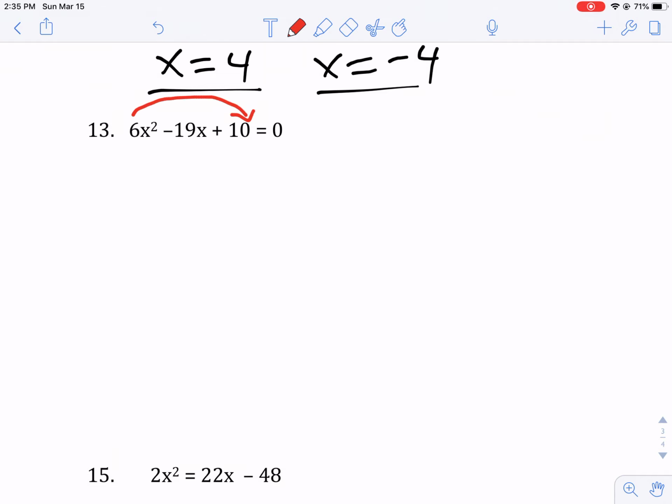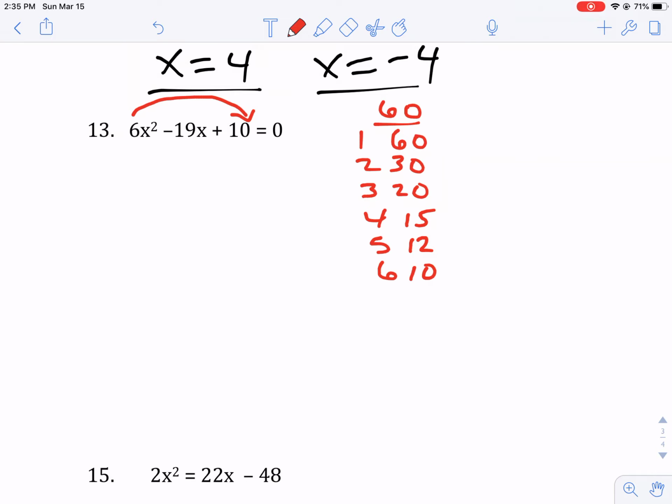Front times back. 6 times 10 is 60. List all the ways to multiply to 60. 1 and 60, 2 and 30, 3 and 20, 4 and 15, 5 and 12, 6 and 10. I need a pair of numbers that adds up to a negative 19.